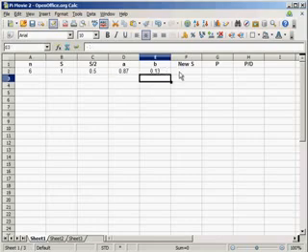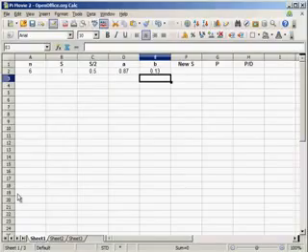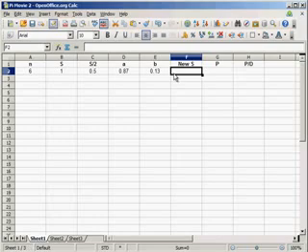Okay. Next, I want to find the new side for this time it'll be for the 12-sided figure. Let's go back and look at it. So that's going to be looking for this side right here, S2. And notice that I can use the little triangle. So the B and the previous side over 2. I'm going to square them, add them together, and take the square root. Okay, so I'm going to say equals.